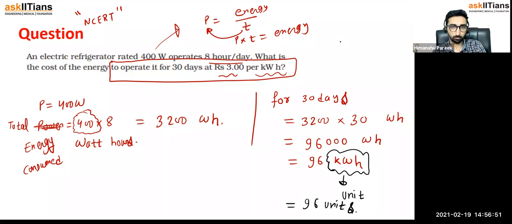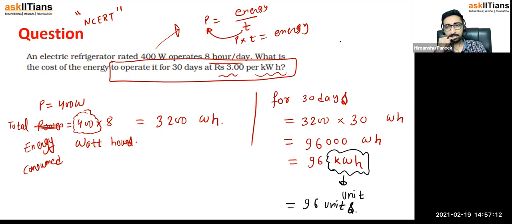So for a big coaching institute, like if you come to askIITians, or if you go to a place where the energy consumption is very high, in those cases we have to put our own transformer also. So for that we have to pay an extra amount.